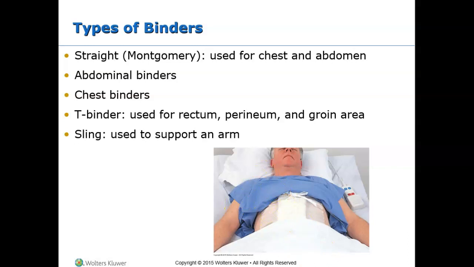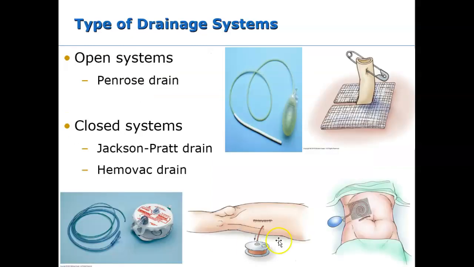But basically the binder is to hold the abdominal tissues in place and decrease the risk for dehiscence or, I can't think of the word, but you know, when the intestines come out of the wound, which would be a bad thing. Types of drain systems.